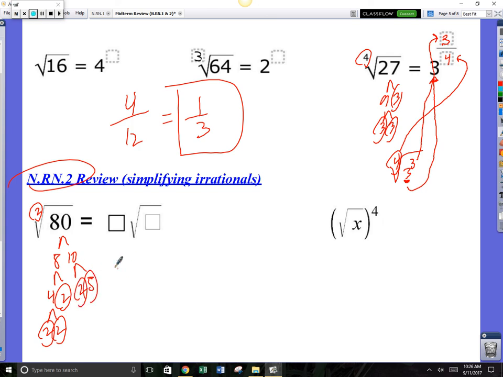So move number 1. In place of 80, let's put 2 to the 4th times 5 to the 1. Okay, and it is a square root. So I'm going to undo all the squares. So 2 to the power of 4 is really like there's 2 squares there. A square and a square and a 1. So this square root is going to undo that square.